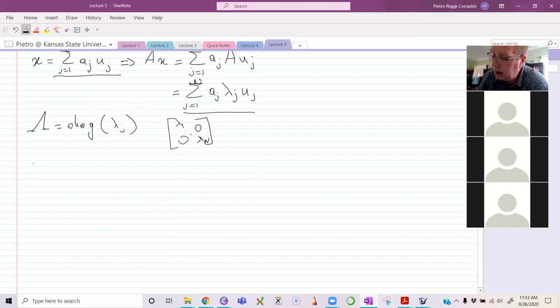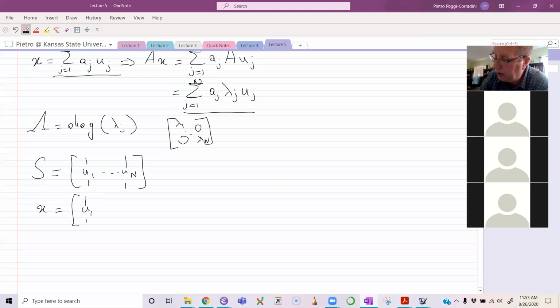So we could form a matrix S using the basis vectors, and then notice that x, if you remember how matrix multiplication works, when you multiply u1, ..., un by a1, ..., an, you get the linear combination of the columns.